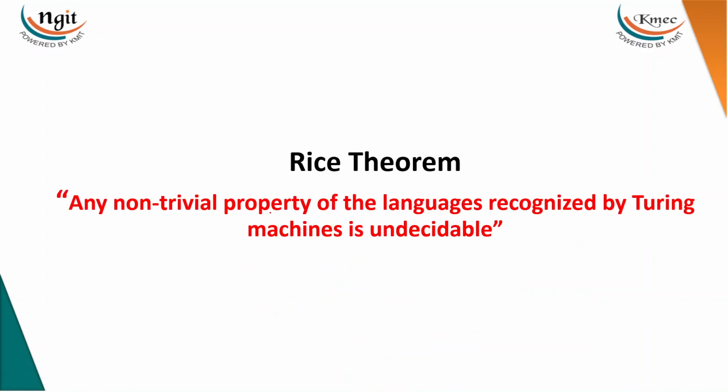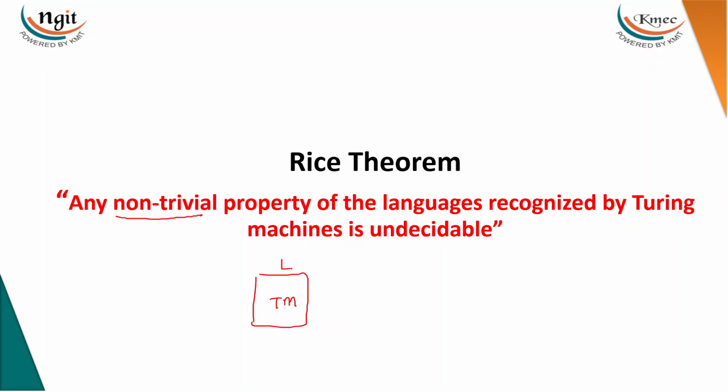What exactly the Rice theorem states is that any non-trivial property of the language recognized by a Turing machine is undecidable. Trivial property means it is all true. Non-trivial means some are true, some are false. Assume that we have generated a Turing machine for some language.